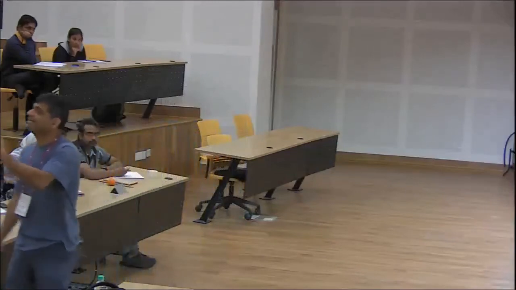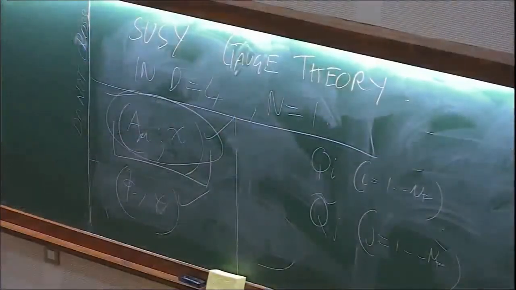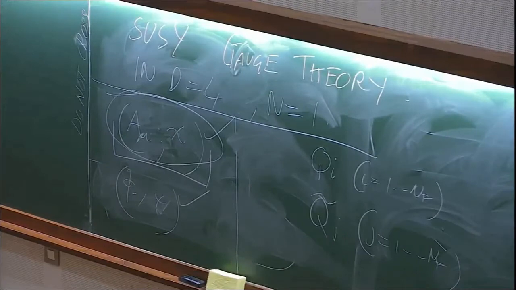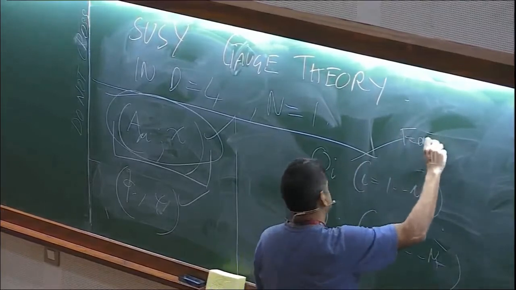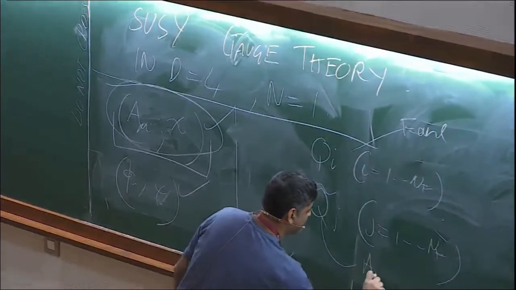You could try to write a psi to the 4 coupling, but that would not be renormalizable. It would be an irrelevant operator away from some effective free fixed point in the UV. My Q's are in the fundamental, and Q tildes in the anti-fundamental.